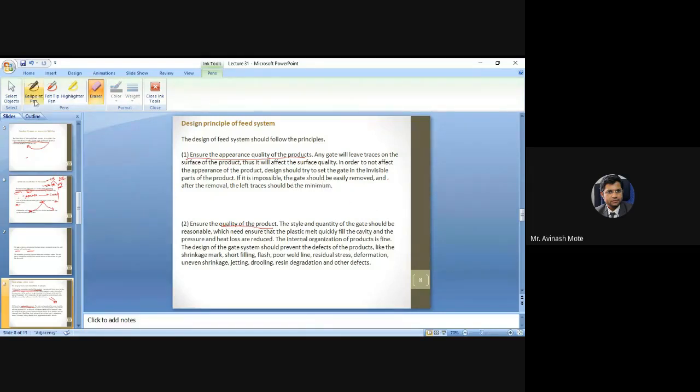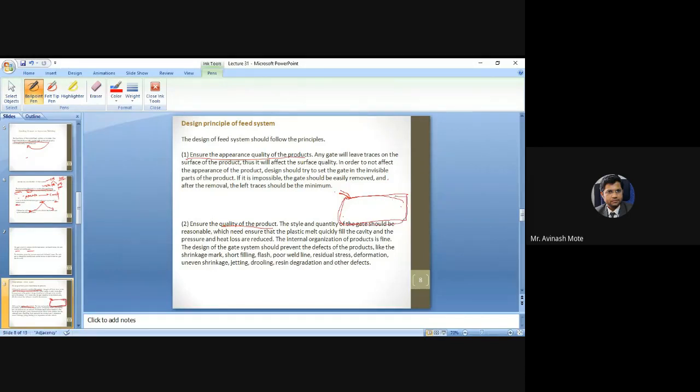On the contrary, if the product is very large in size and you have provided this passage of material, the gating system and runner system, in a very small size, what will happen? The size of the product is too large, and the opening for flow of material is so small, so it will take so much time to fill this entire cavity.